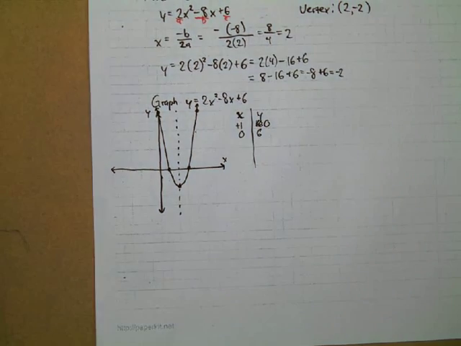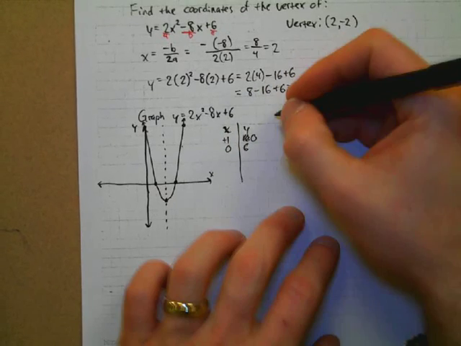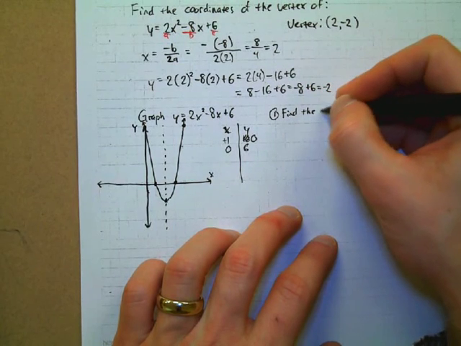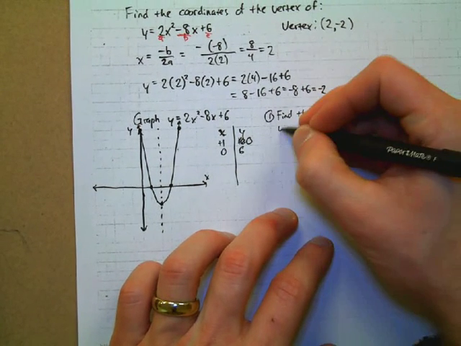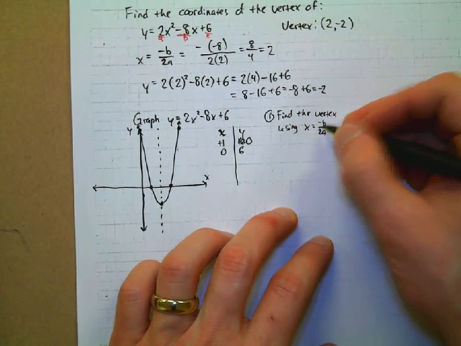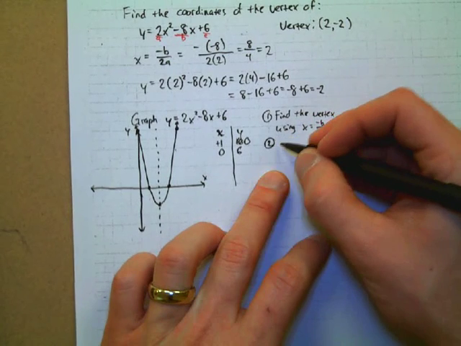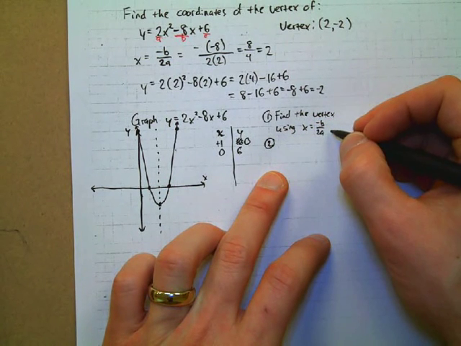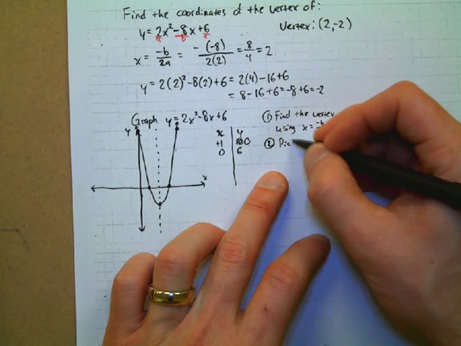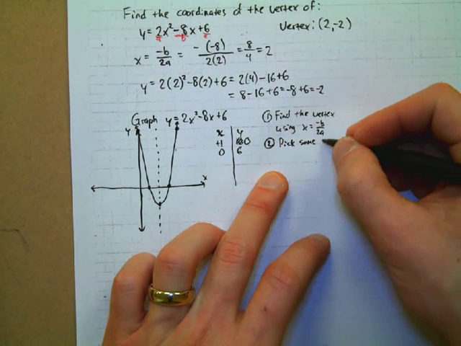Okay, so to graph, find the vertex using x equals -b over 2a, and then pick some x values near the vertex to graph.